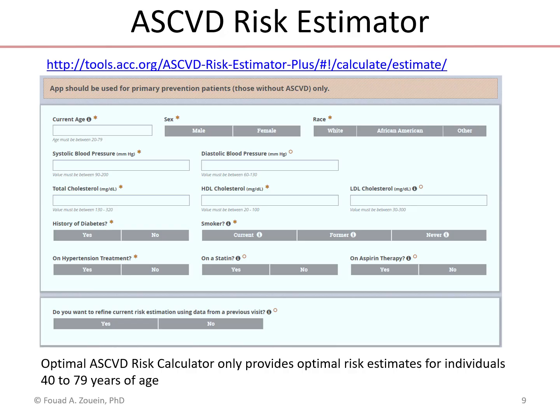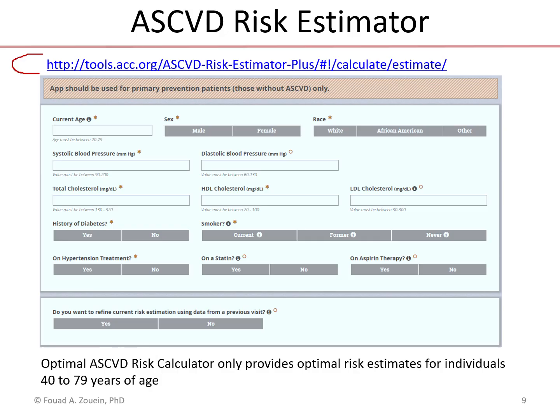So this is an example of the ASCVD risk estimator. It's actually a calculator. You can find it on this website developed by the American College of Cardiology, and you can play with it and fill out any data you want here to check the risk assessment.